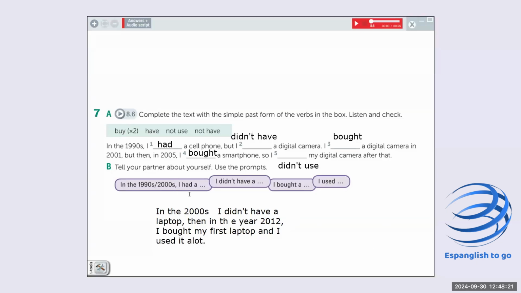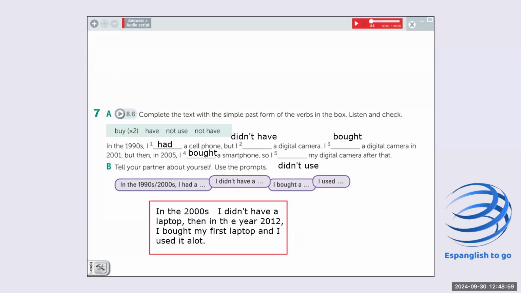You can talk about other objects, other items, appliances, a car. Maybe you have something you didn't have, you bought, you didn't buy, you didn't use, or you used, etc. So prepare something to tell me about. For example, this is what I prepared.